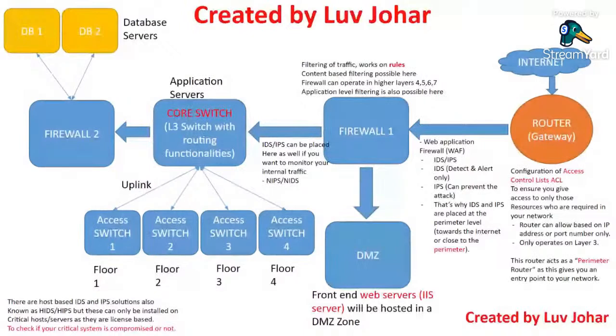Let's say in this case database servers DB1 and DB2, if you want to make sure that nobody accesses the database servers at all, you might want to place the HIDS and HIPS on the database servers because they are critical servers. So here you have to decide which option is best suitable for your organization, guys, and take the necessary steps accordingly.